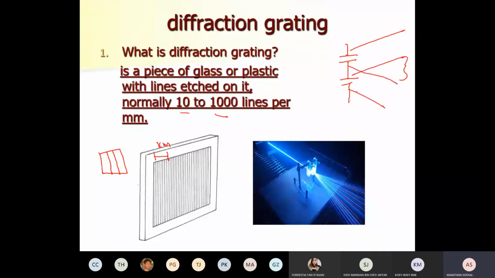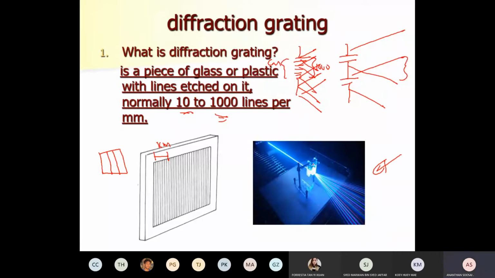In a diffraction grating, there are 10 to 1,000 slits per centimeter of length, so a massive interference happens. The sources are thousands. They interfere and produce an interference pattern on the screen, like shown in this diagram.